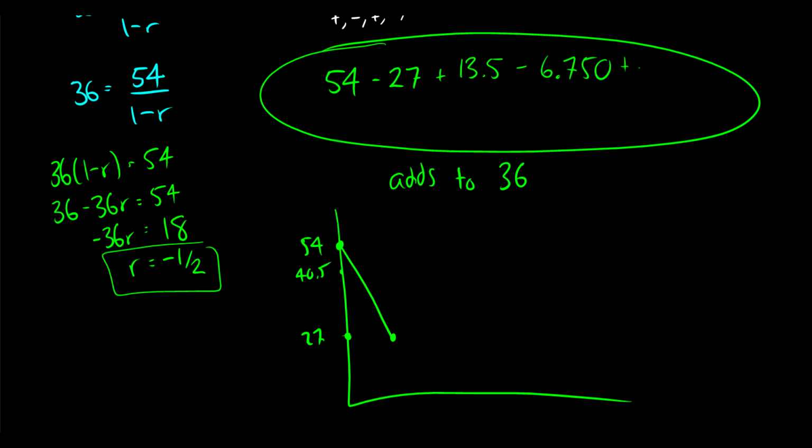So it's going to move up to 40.5 here. Then we're going to subtract 6.75. So we end up around 33. And it's going to keep jumping back and forth until it gets to 36. And alternating series are pretty cool like that. So that's a nice little graph of an alternating series.